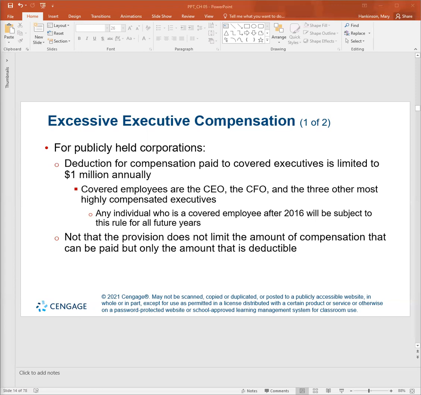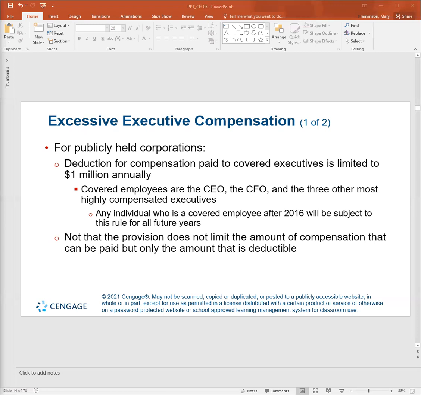So recall that allowing a deduction indirectly reduces the economic burden of an expense, allowing the taxpayer to share the costs with the larger tax-paying public. So in response to concerns over the reasonableness of compensation paid to executives of large corporations, Congress enacted a limitation of the deductibility of such compensation.